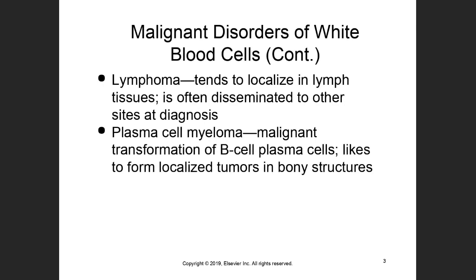Now, lymphomas tend to localize in lymph tissue, and are often disseminated to other sites at diagnosis. Okay, one special characteristic in lymphomas is lymphadenopathy in the lymph node. Lymphadenopathy is inflammation of the lymph node, okay?